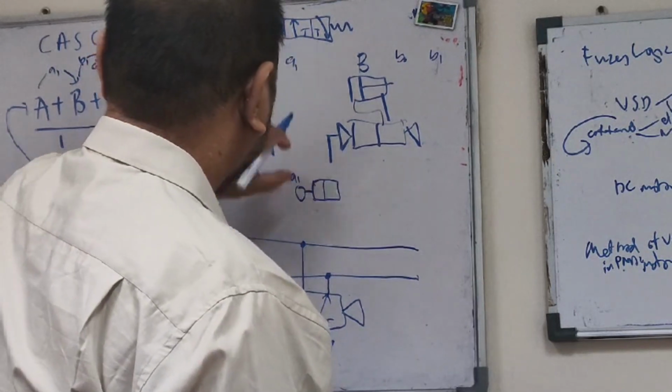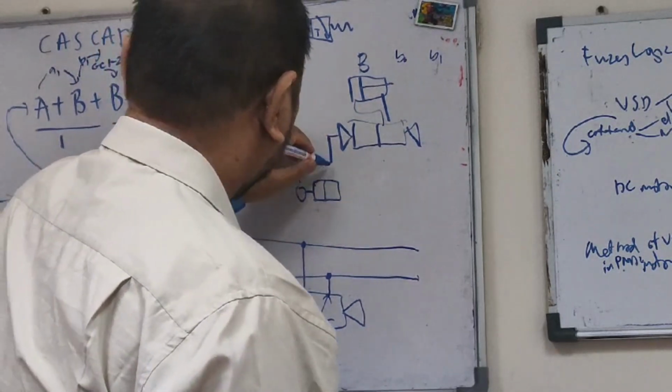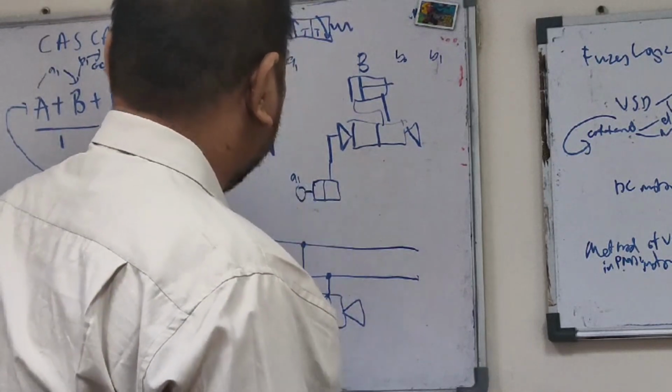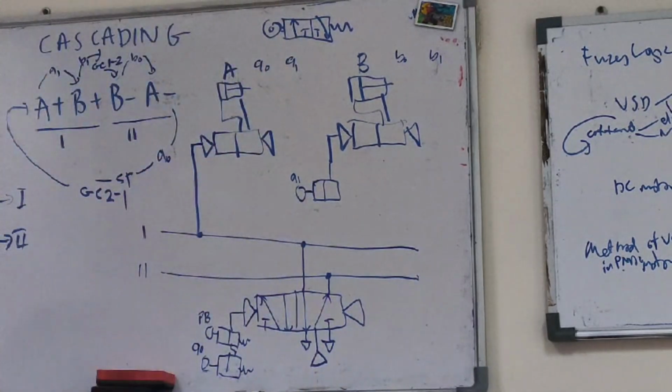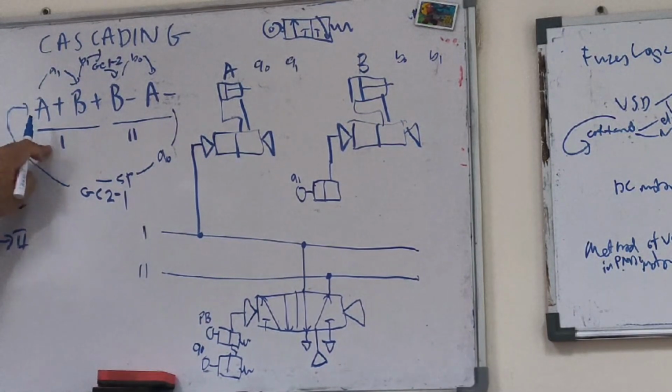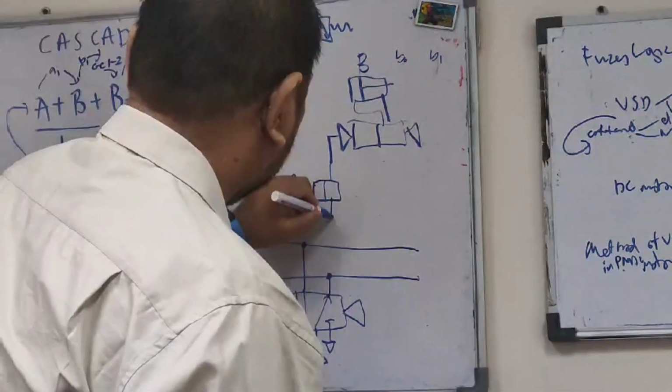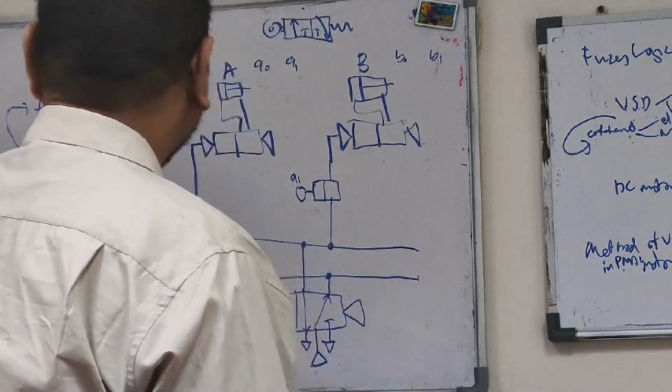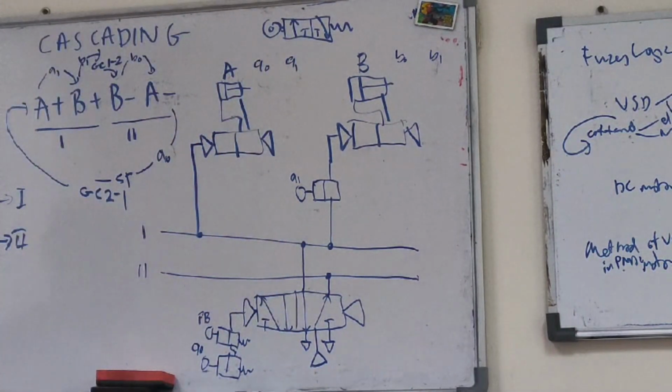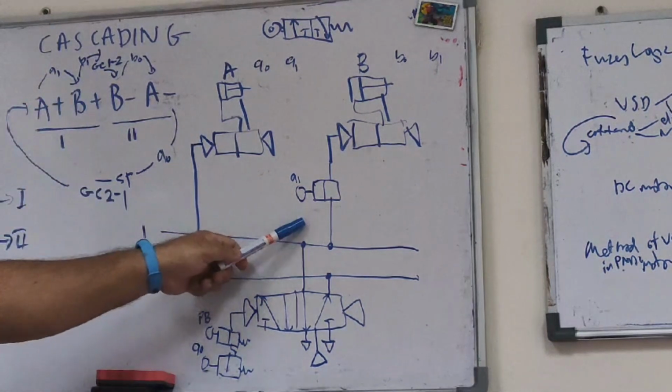A1 will cause B to extend. And what is the source of power for A1? It is from group 1, so it's powered by group 1.